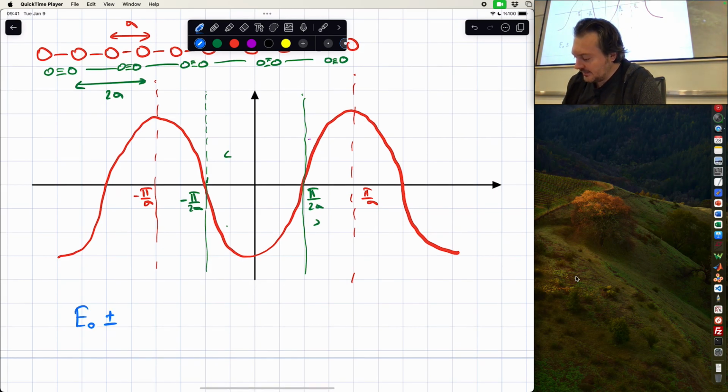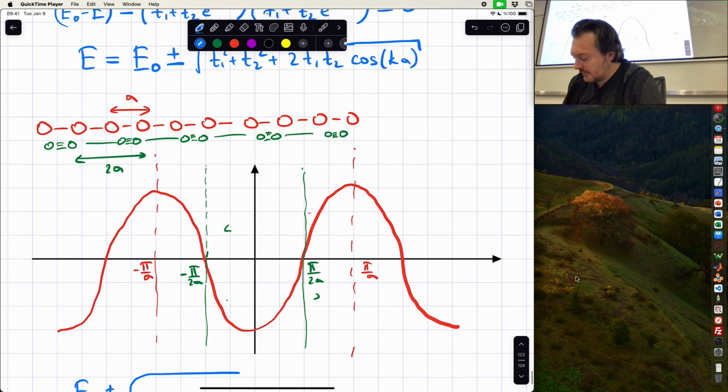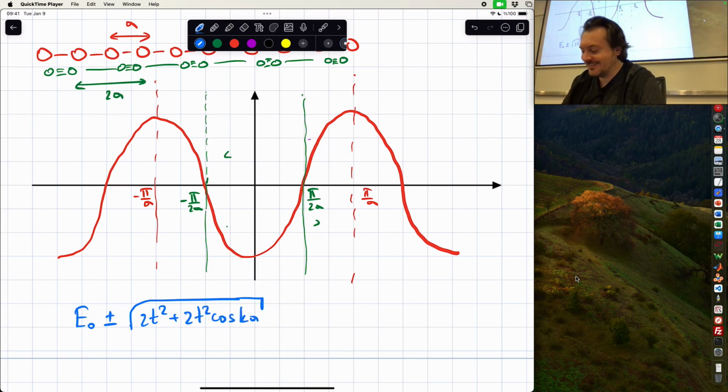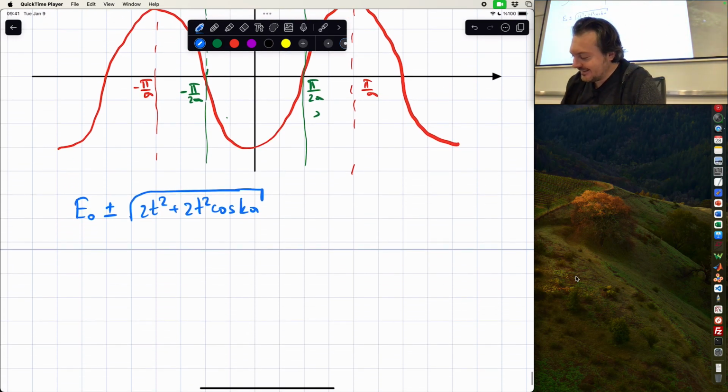E0 plus minus square root of 2t squared plus 2t squared cosine ka. Okay. Watch the magic happen. E0 plus minus t comes out, and inside I have 2 times 1 plus cosine ka. Okay.